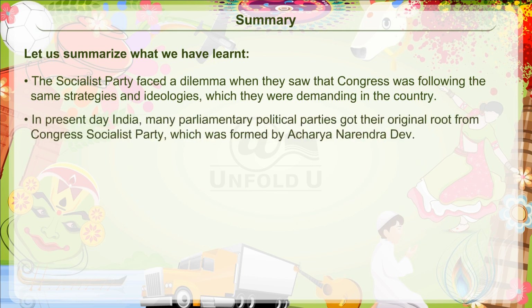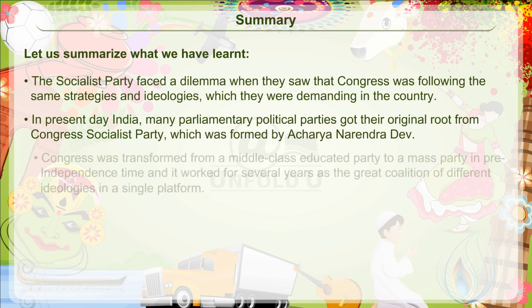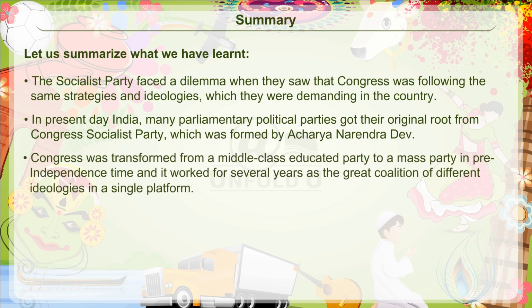In present-day India, many parliamentary political parties got their original root from the Congress Socialist Party, which was formed by Acharya Narendra Dev. Congress was transformed from a middle-class educated party to a mass party in pre-independence time, and it worked for several years as a great coalition of different ideologies on a single platform.